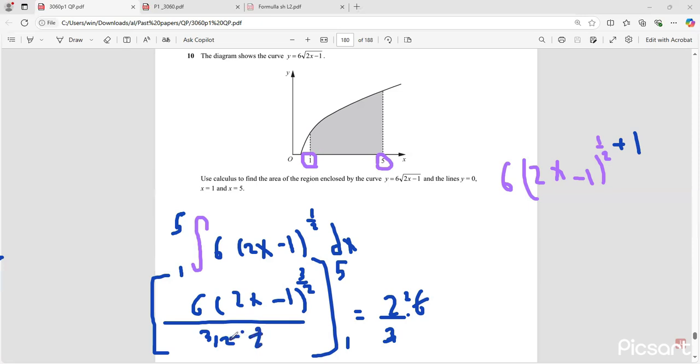Then we're going to cancel this because inside the bracket here is 2, the derivative. So dividing by 3. So 6 dividing by 3 is equal to 2.